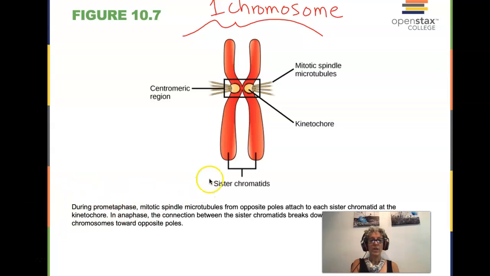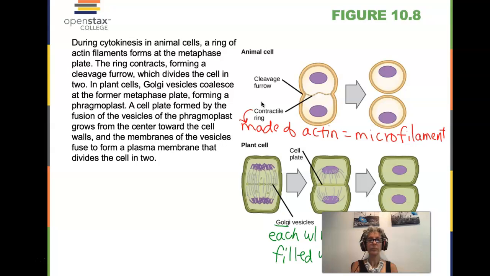So in prometaphase, we have that kinetochore, which is at the centromeric region, and the mitotic spindle microtubules attach. There is one centromere, so even though there are 2 dangly bits of DNA, this is one chromosome.